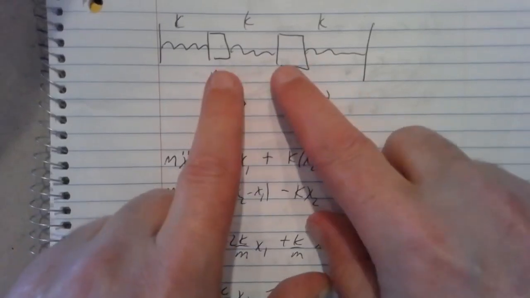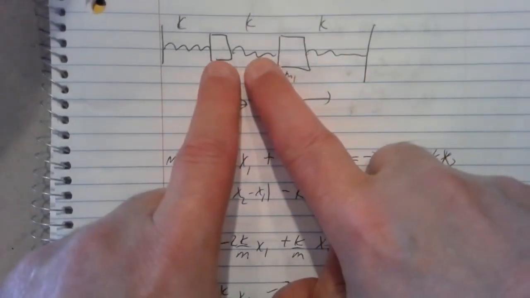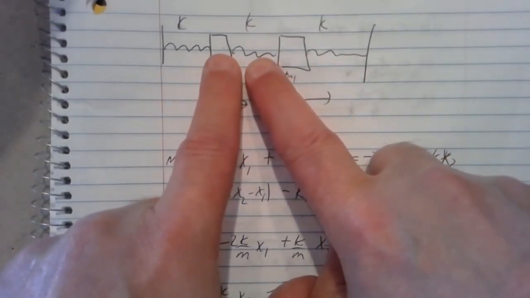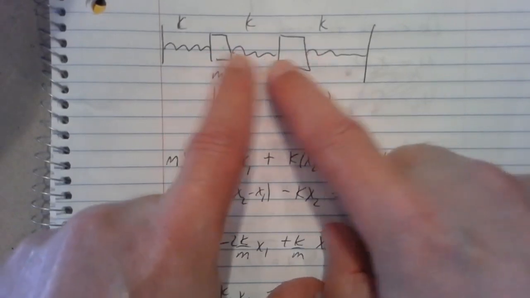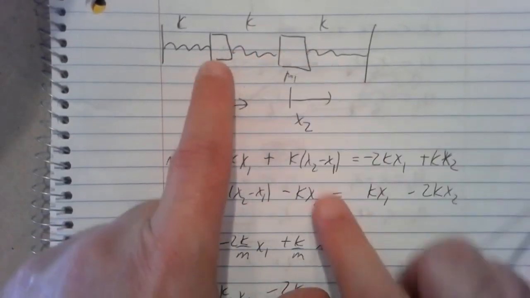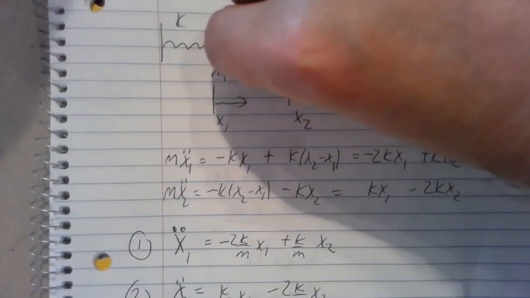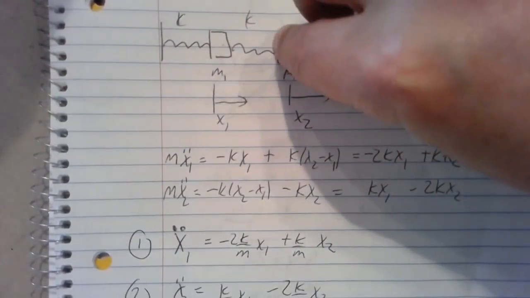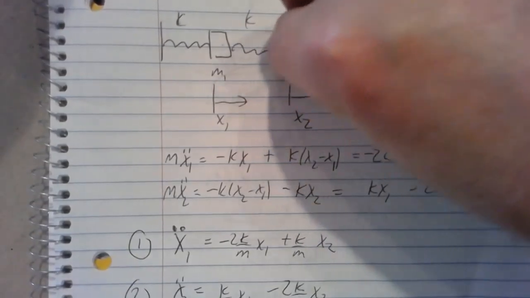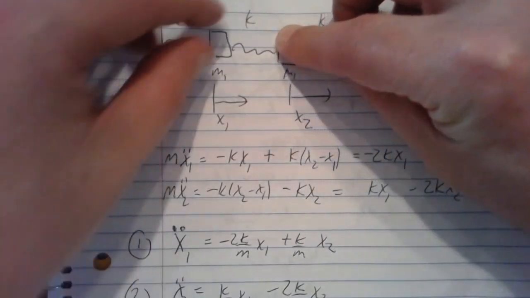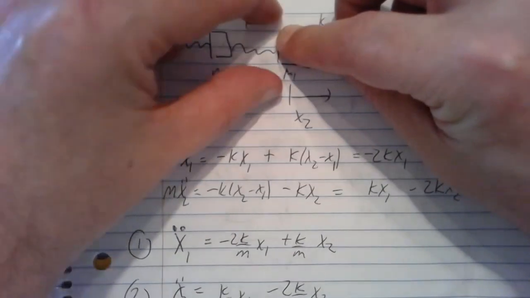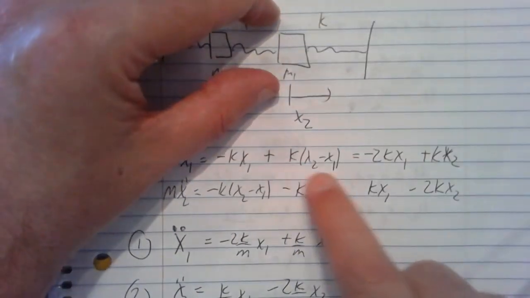Plus, if both masses move, this spring is attached to this mass. The amount this spring is stretched out is x2 minus x1. And if x2 is bigger than x1, this spring would be stretched and would pull mass 1 over. That's why this is positive.